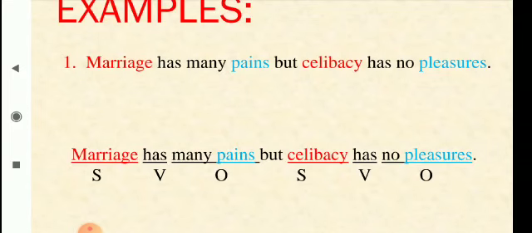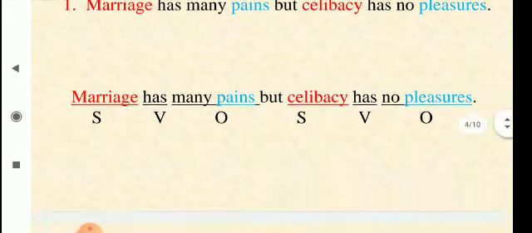Therefore, it has a parallel grammatical structure. We have used a parallel grammatical structure to emphasize the opposite meanings or contrary ideas. That's why it's an example of antithesis. I hope now you understand what an antithesis is and how you will analyze it to find it out.